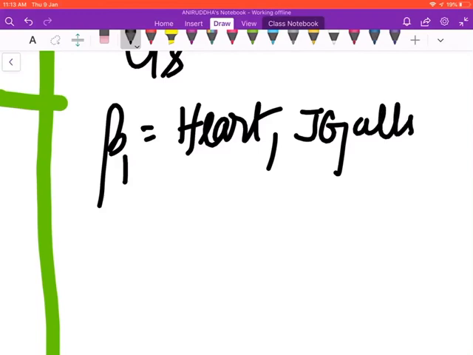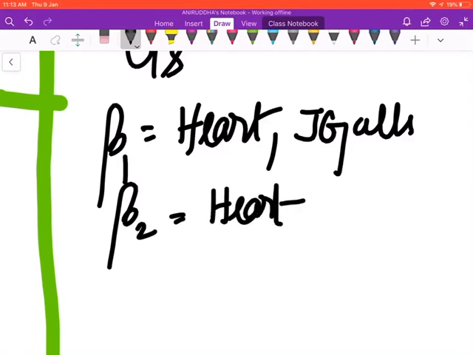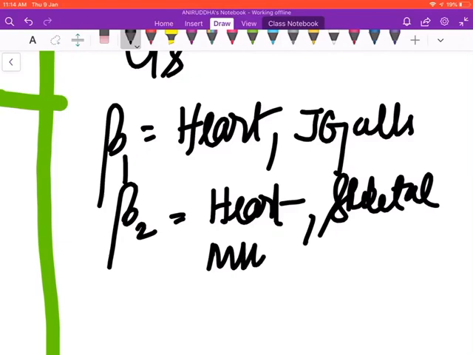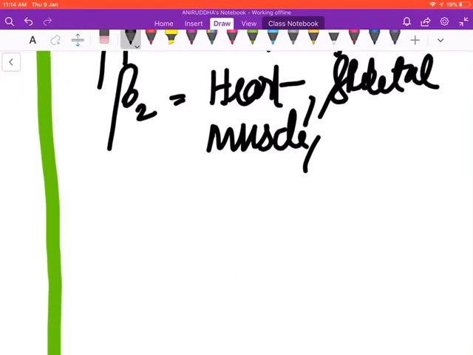release. The beta 2 receptors, when present in the heart, they promote contraction of the heart and also to some extent the conduction and heart rate. They are also found in the skeletal muscles, where they again increase contraction. But on the blood vessels, they cause vasodilatation.